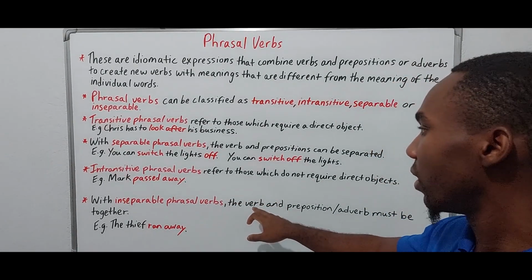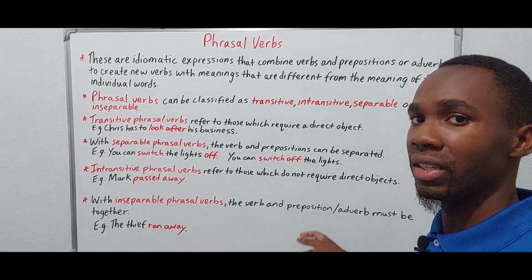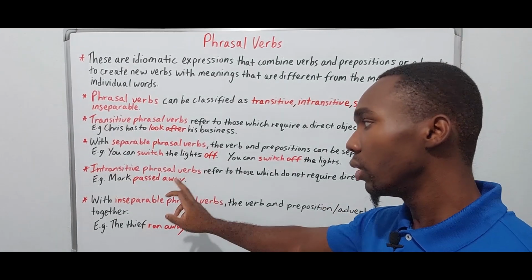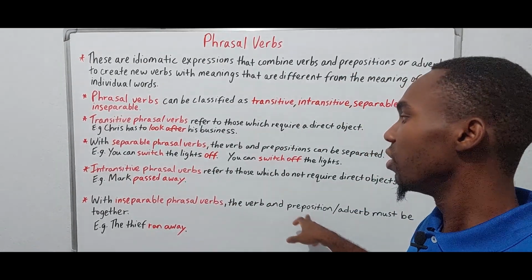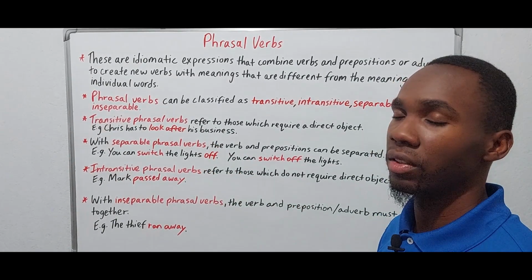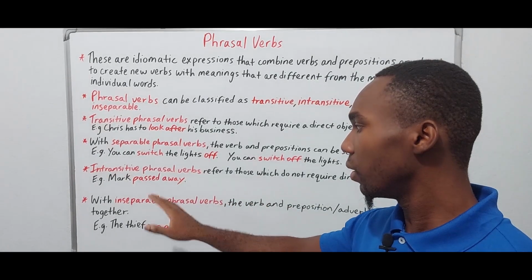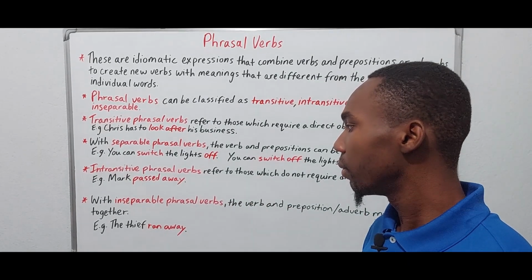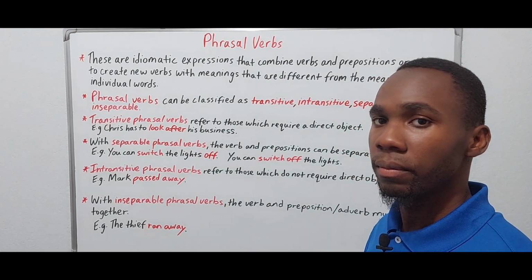So remember, it says here the verb and preposition or adverb. So obviously the adverb would refer to intransitive phrasal verbs, whereas the preposition would refer to transitive phrasal verbs, right? So example, the thief ran away. That does not require an object.